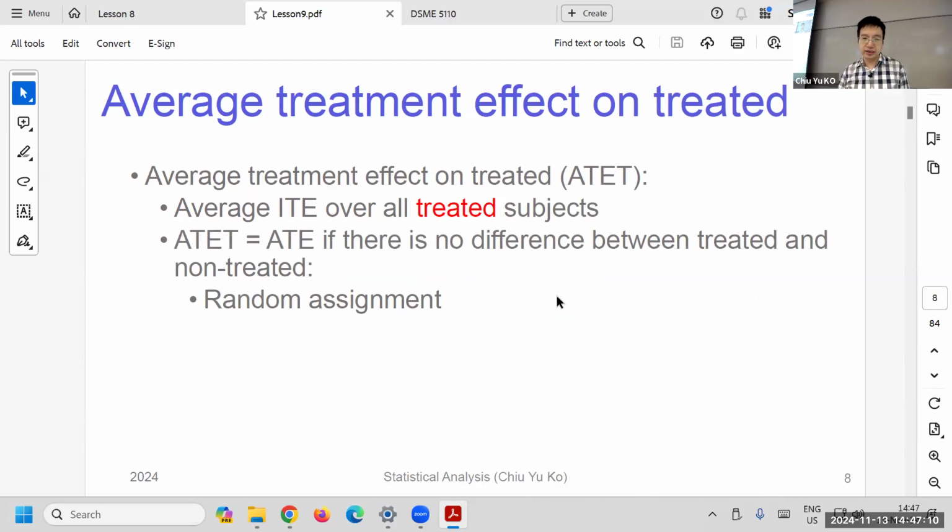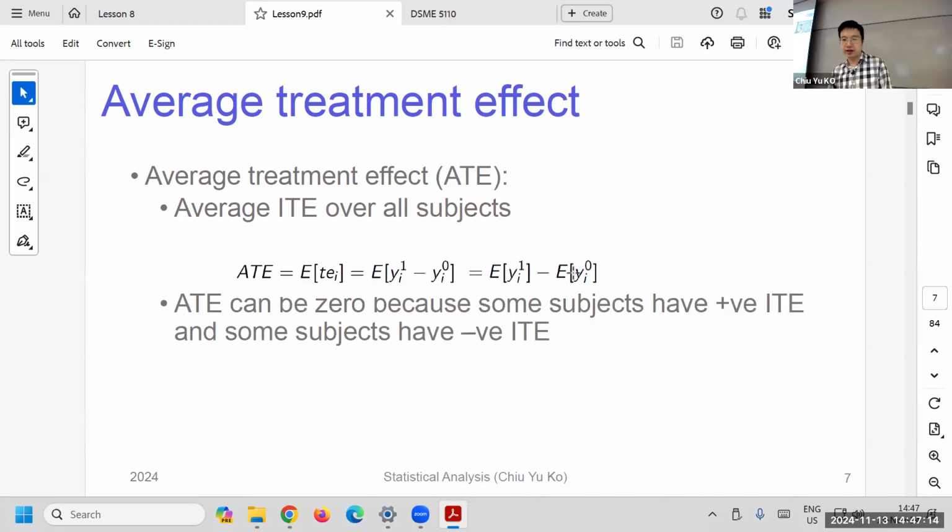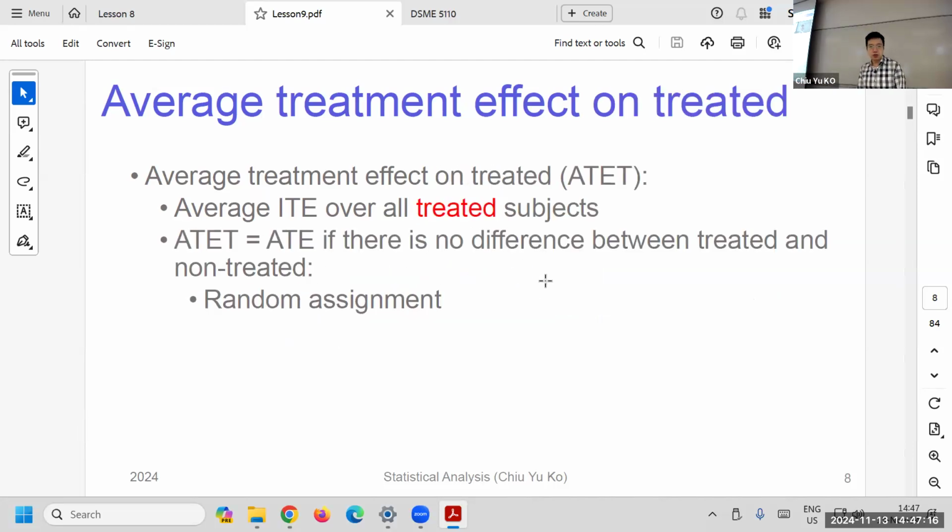But a lot of the time it's not that easy. Sometimes we can't actually find comparable people, and we can't compare and contrast because we don't have a comparison group.